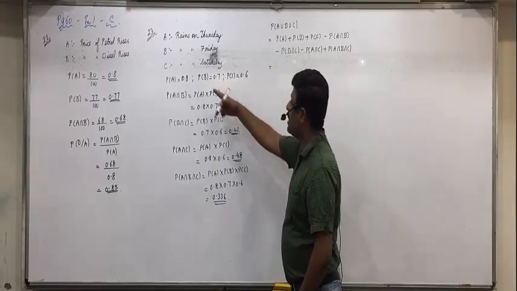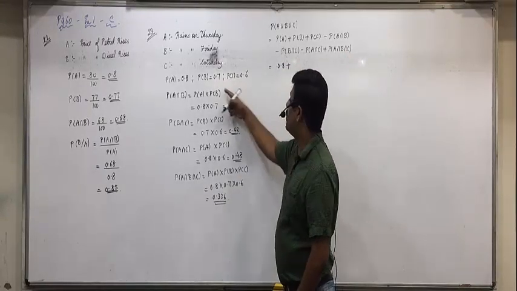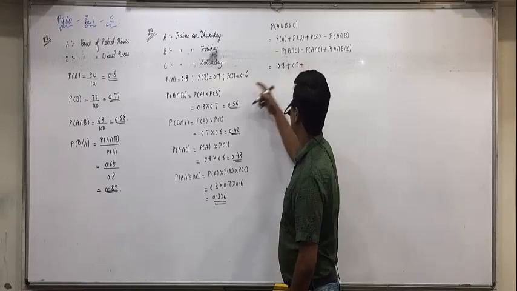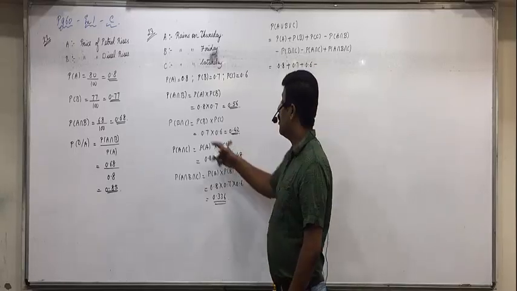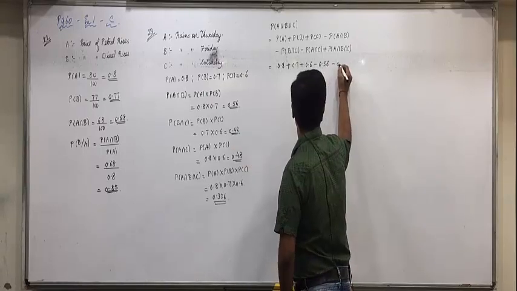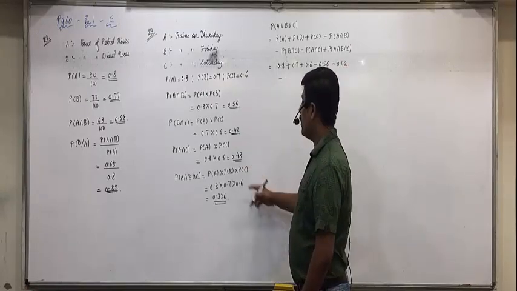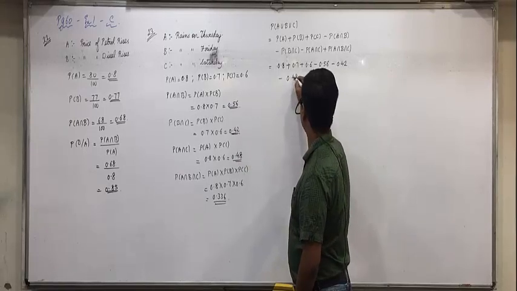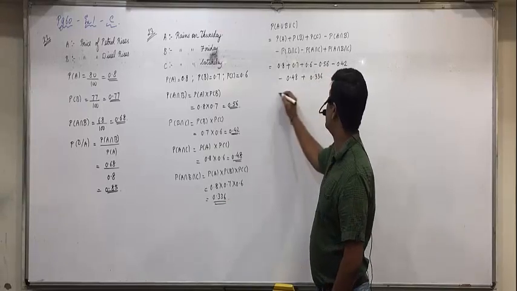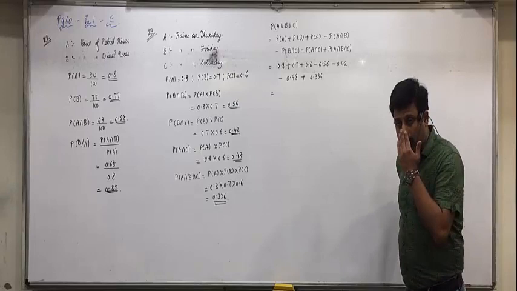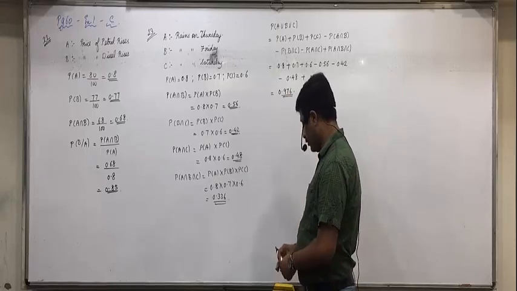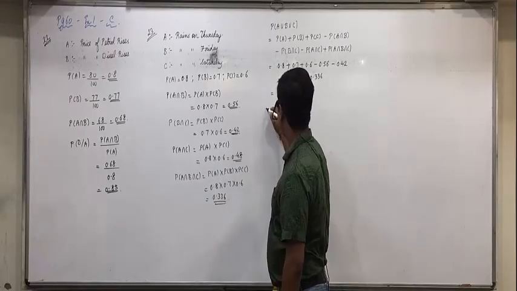So P(A) 0.8 plus P(B) 0.7 plus P(C) 0.6 minus A intersection B 0.56 minus B intersection C 0.42 minus A intersection C 0.48 plus A intersection B intersection C 0.336, that is 0.976. Did everyone understand this?